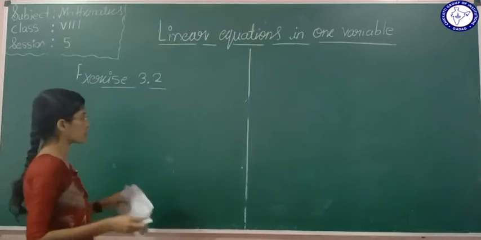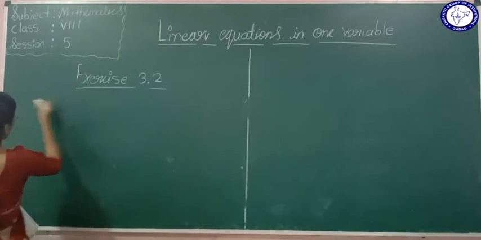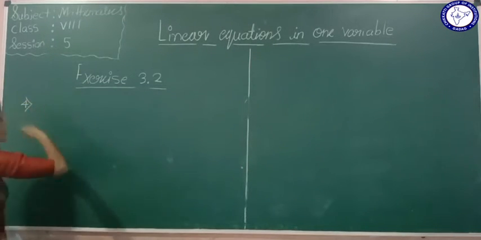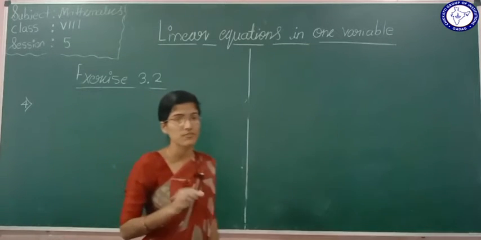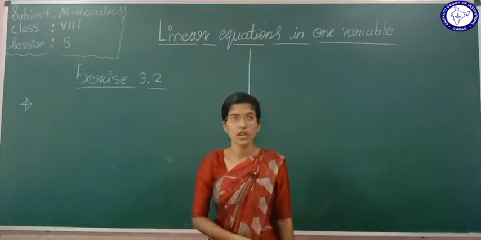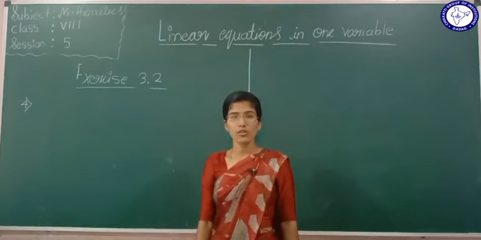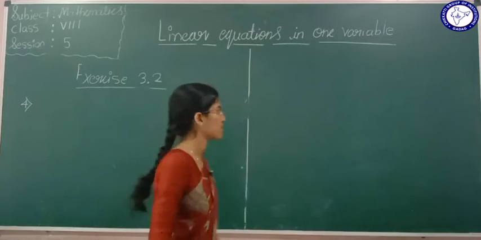See our next, fourth one. See students, in exercise 3.2 only which problems are different, that only I am solving. Which are similar, no, I am not solving. You have to try that.